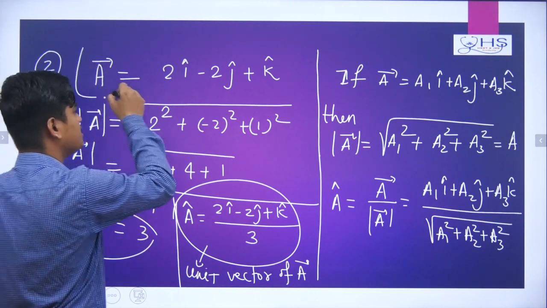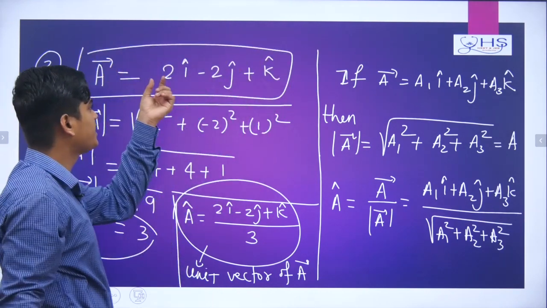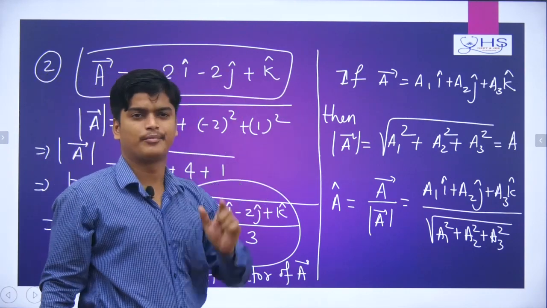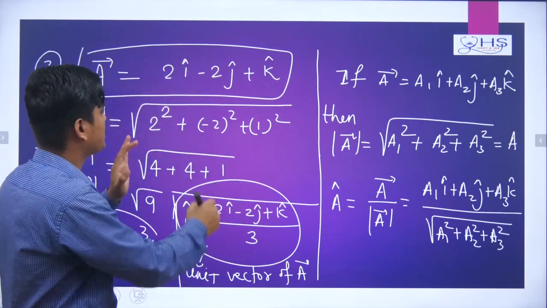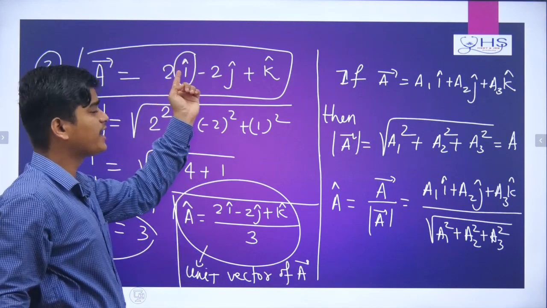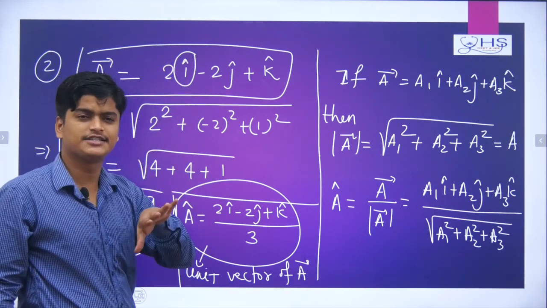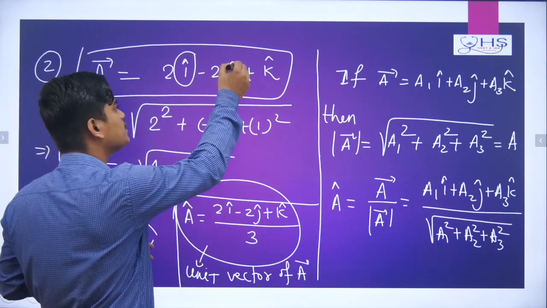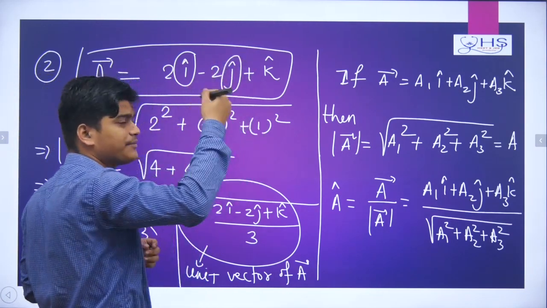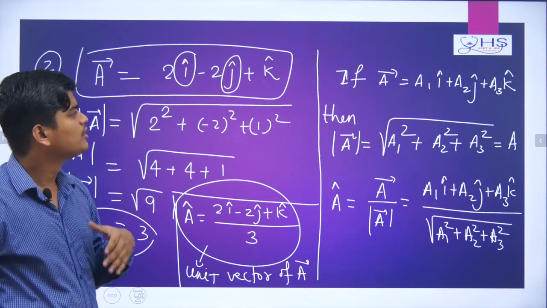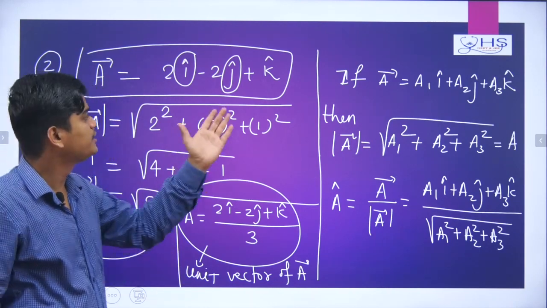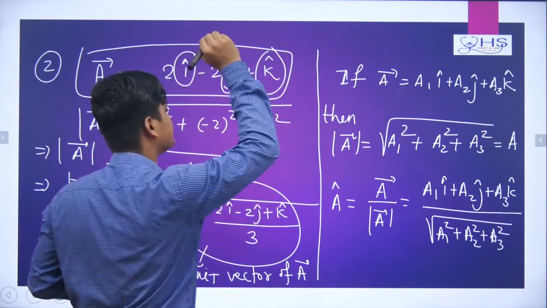So if a vector is given in component form, these are basically the x component, y component, z component. So what does i cap represent? The unit vector along the x axis. Plus i means positive x, minus i means negative x. Similarly, j cap is basically the unit vector along the y axis, and k cap is basically the unit vector along the z axis.